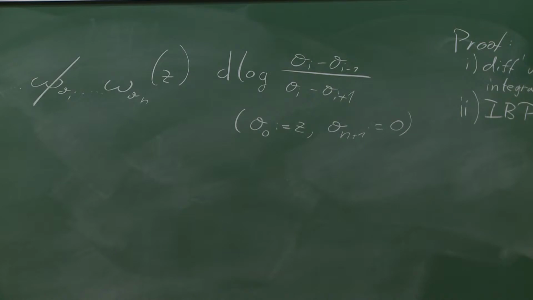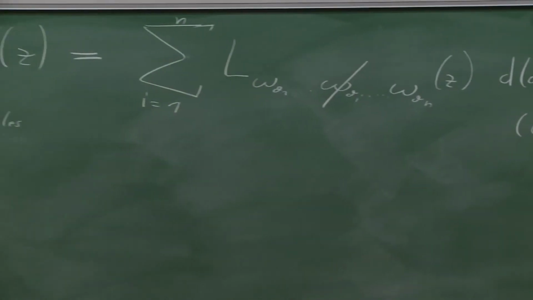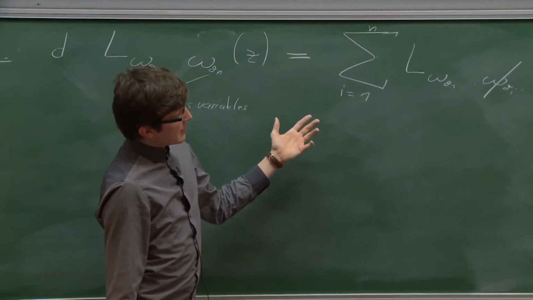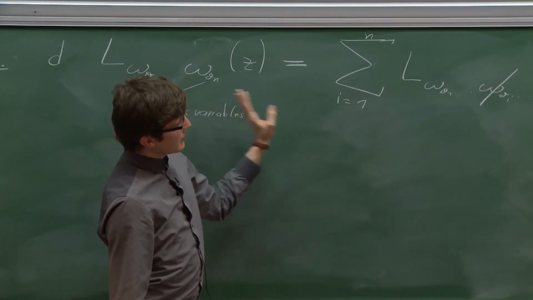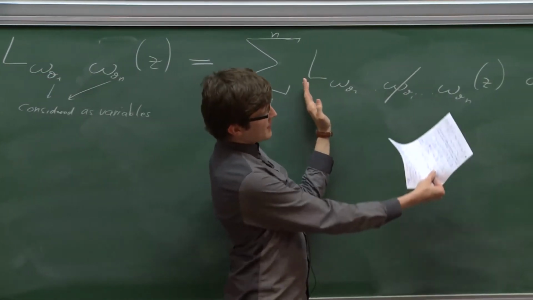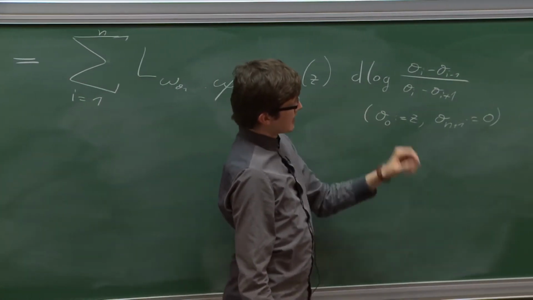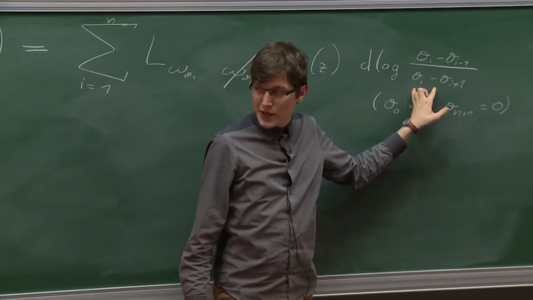Now, with this formula, if you apply the total derivative to such an expression, you see this grading by weight, this recursive structure, which is so special about multiple polylogs, coming into place here. Because if you apply the total derivative, on the right-hand side, you only have lower weight multiple polylogs, which have one letter less, and explicit logarithmic derivatives. Now, in our case, these letters here are rational functions of y.